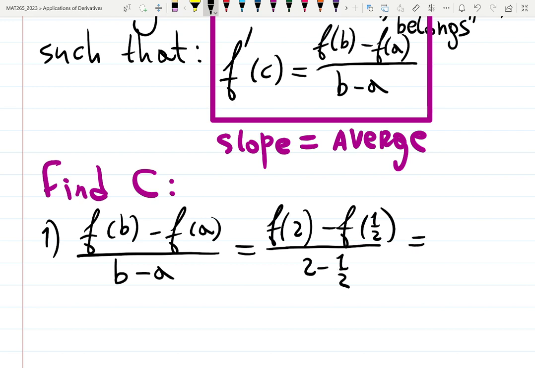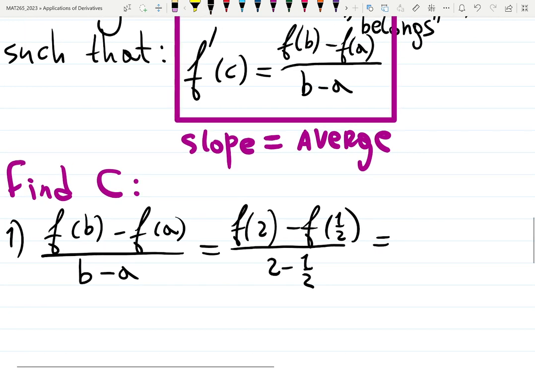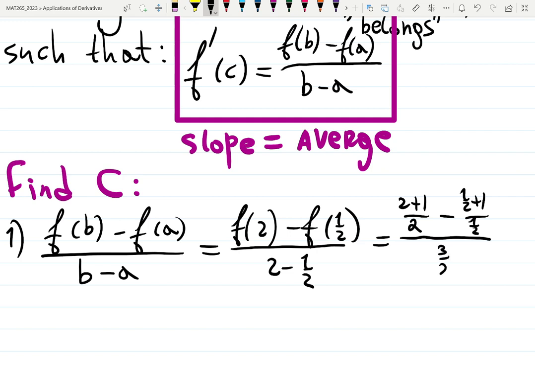We did something like this before when we were looking at the slope of the secant line the first week of classes. So you plug it into your function, which is 2 plus 1 over 2, minus 1/2 plus 1 over 1/2. Copy paste into the original function, over 3/2.